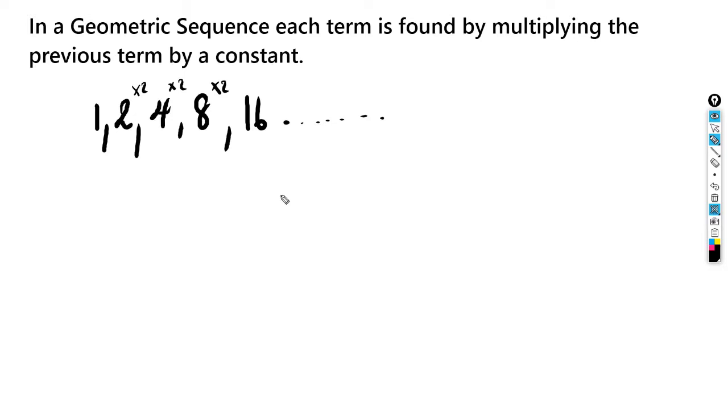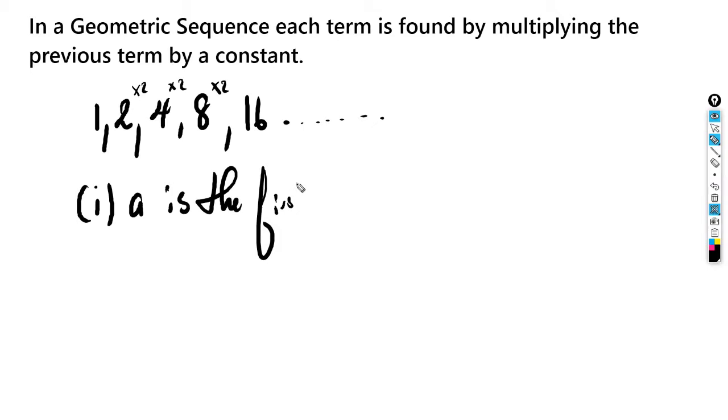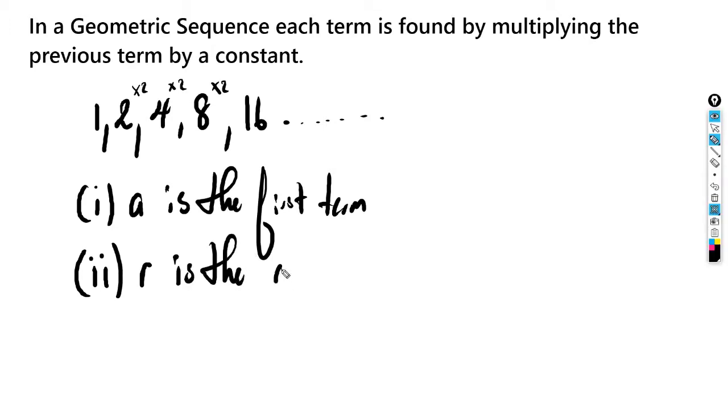To find terms in these sequences, we have to use a different formula. The first thing we're going to look at: a is the first term in the sequence, and r is the common ratio.